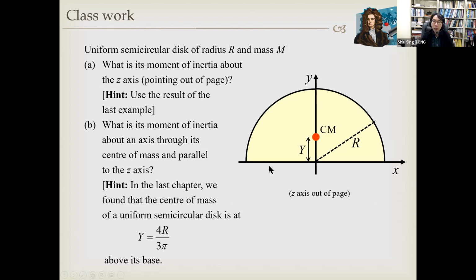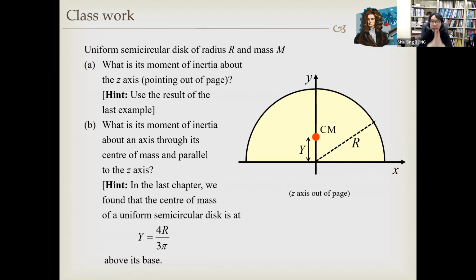Now I'm going to find two things. The first thing is, if the lamina now lies on the xy plane with the base coinciding with the x-axis, then what is the moment of inertia about the z-axis, which is pointing out of the page? That is the first question. The second question is, what is the moment of inertia about an axis that passes through the center of mass of the object, but perpendicular to the plane of the lamina?